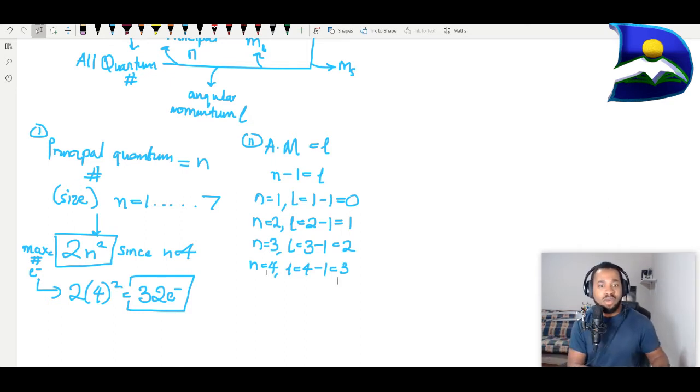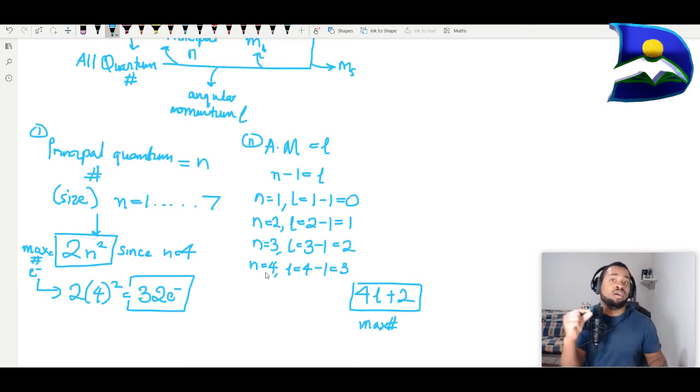And to go about that, there is a formula that is called the 4L plus 2 rule. And this rule is actually used to find the max number of electrons in each of the energy levels using L. So in this case here, when L is equal to 0, you apply it to this formula.